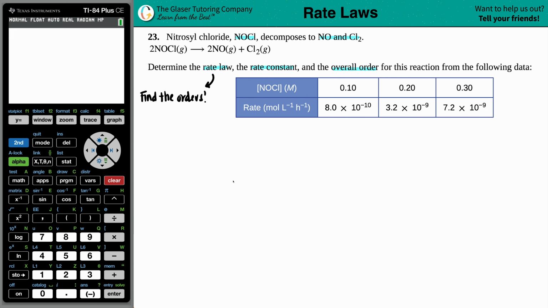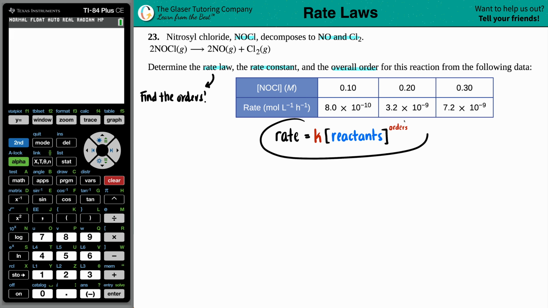Well, if we look at the general rate law formula, any general rate law is always rate equals k, where k is the rate constant, times the concentration of the reactants.